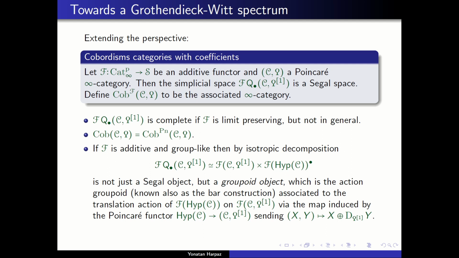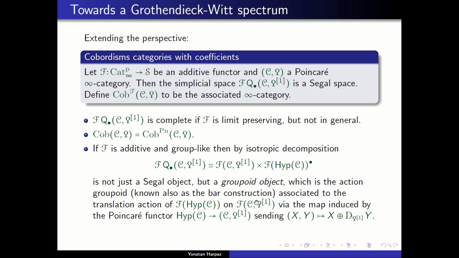In this case, one can observe that this simplicial space is not just a Segal space, but it is in fact a groupoid object in spaces, which is the action groupoid, also sometimes called the bar construction, associated to the translation action of the infinity group f applied to hyp of C, acting on f of C copa shifted.